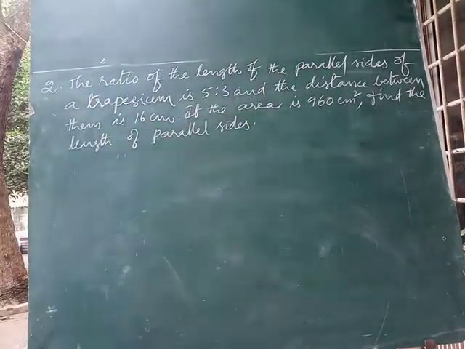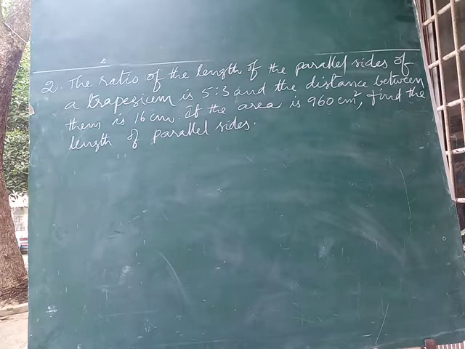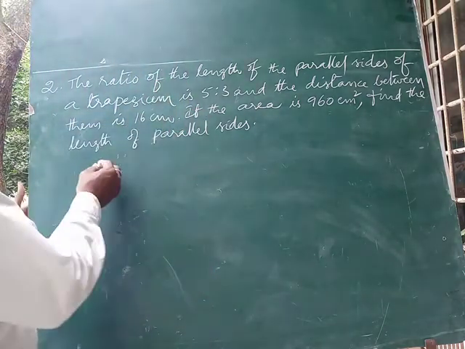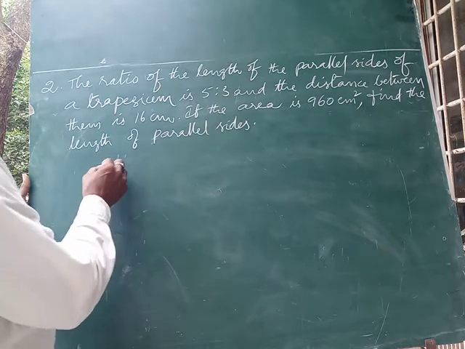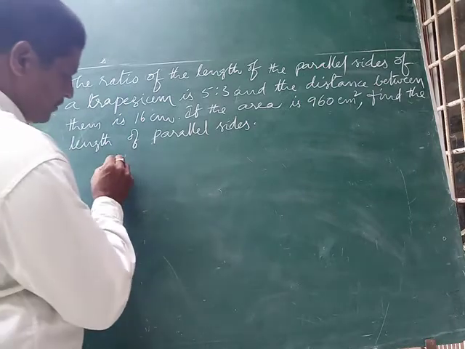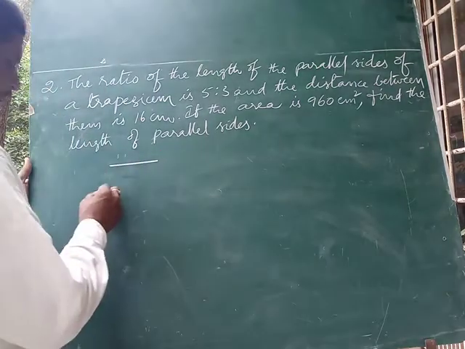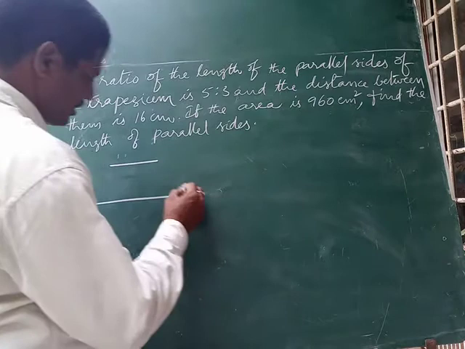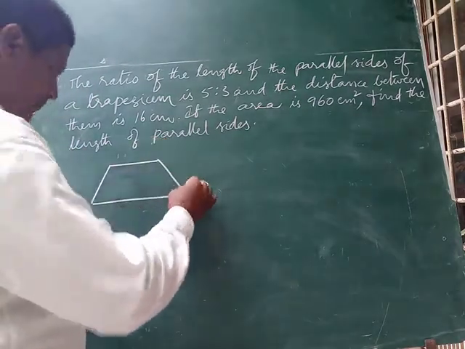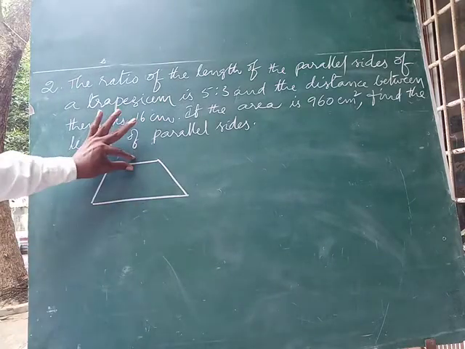This is the question. This is also a big question. The question is only big, but the answer is very simple. This is a trapezium. In a trapezium, one pair of sides are parallel. This side and this side are parallel.